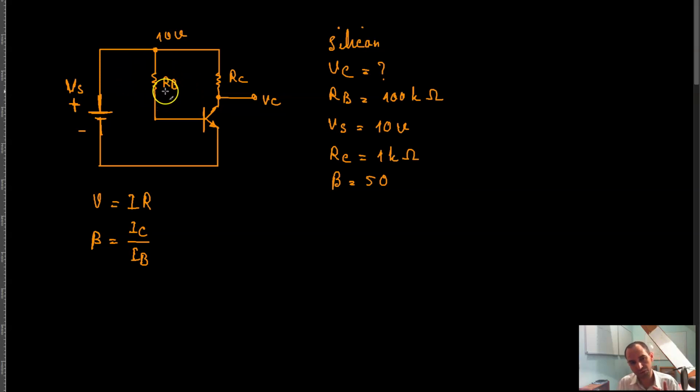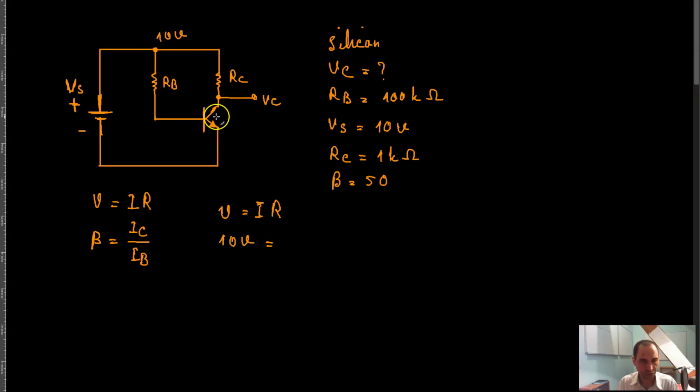That means that there is 10 volts across the terminals of this resistor. And so as a result, I can write V is equal to IR, meaning that I will be applying Ohm's law to this resistor only, and this voltage is the voltage across the resistor, and that is 10 volts.